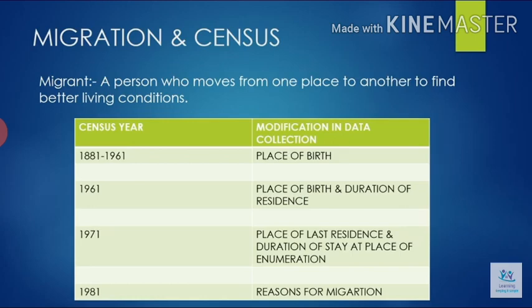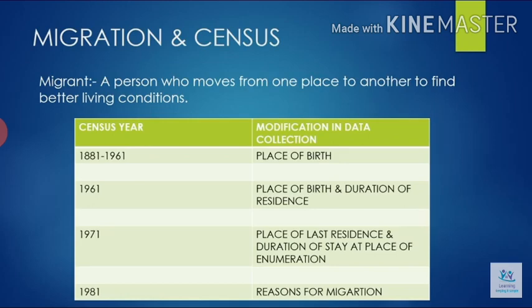And the second important question, please note down students: at present in the census of India, migration is enumerated on which basis? Now the answer is place of birth and place of residence. Now the meaning of place of birth.